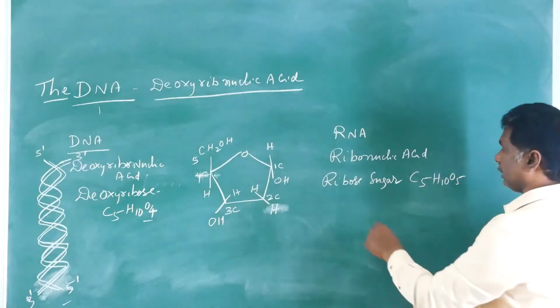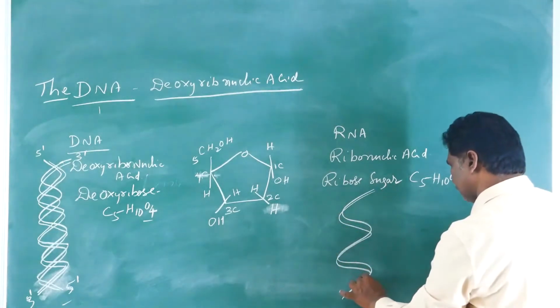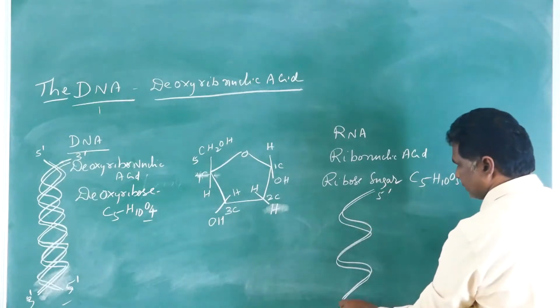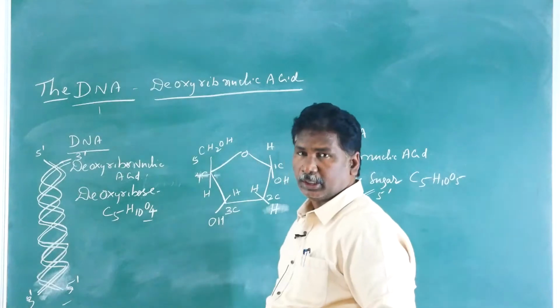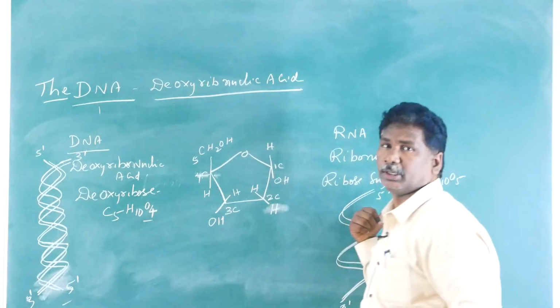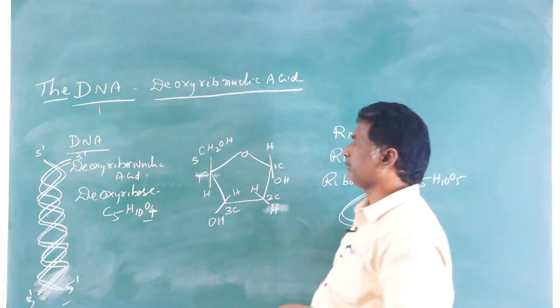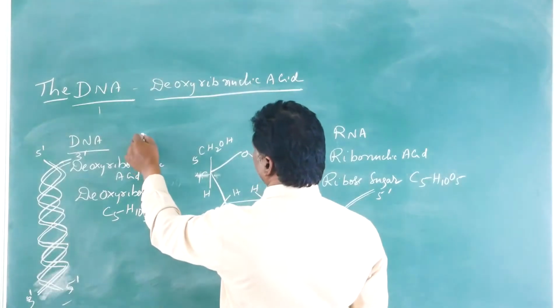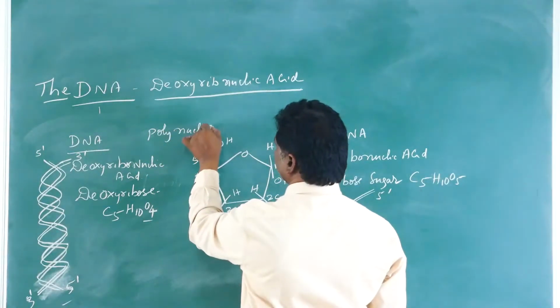But in RNA, only one strand is present. What are these strands?